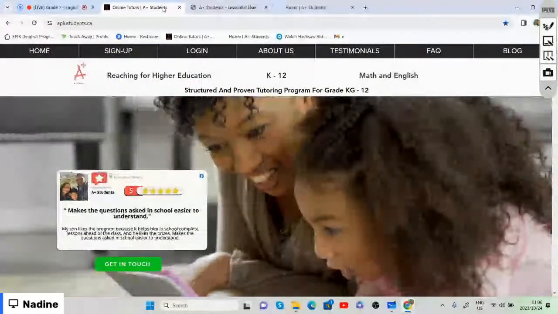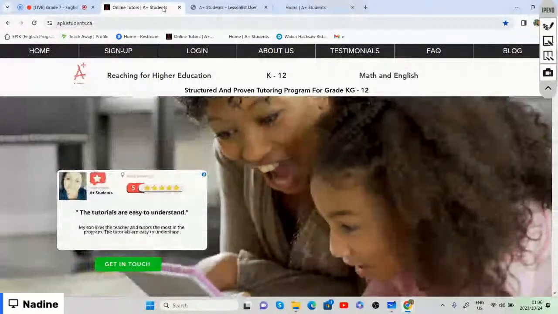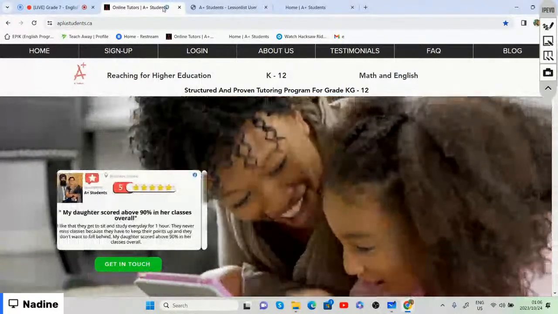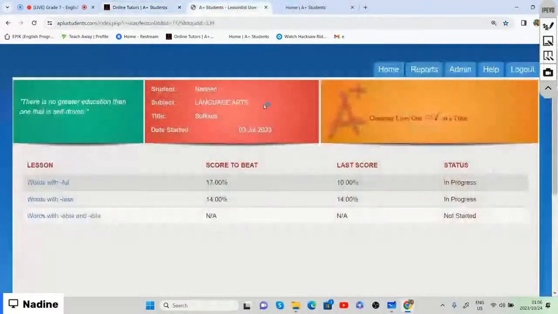And we are going to find out what a suffix is. So we're going to scroll down through our chapters until we get to suffixes.